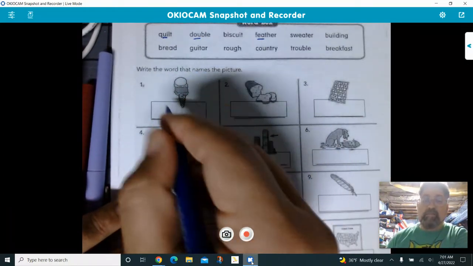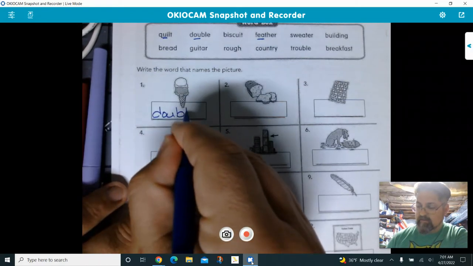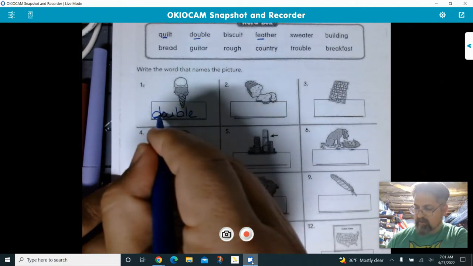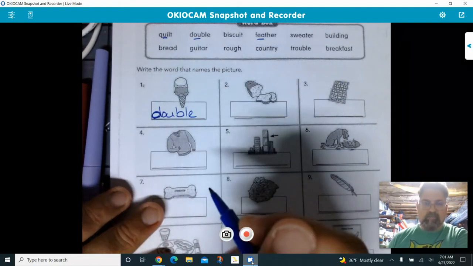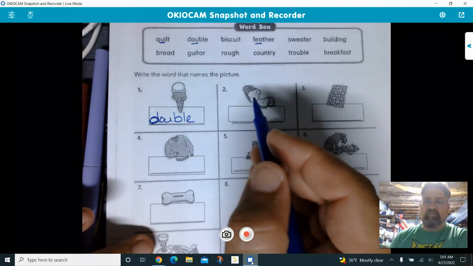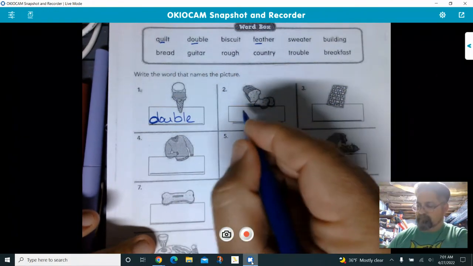Anyway, this is a double scoop. Double. Let me make that D a little bit better. There we go. Double. This is a loaf, but a loaf of what? Loaf of bread.